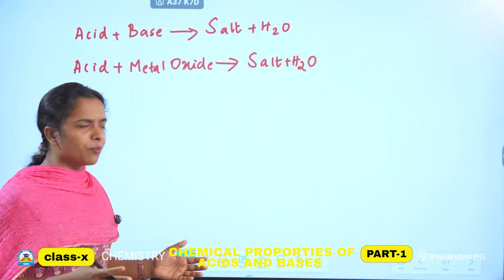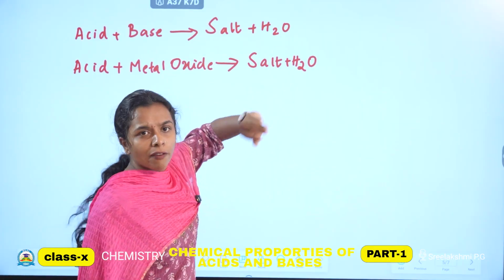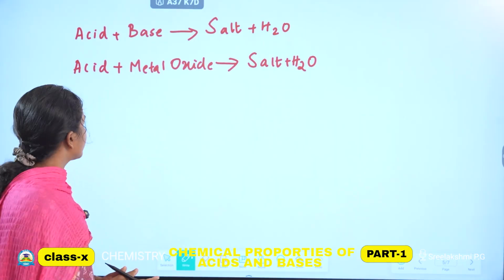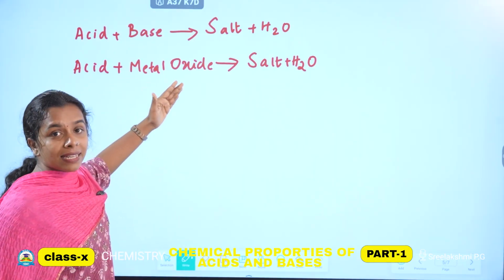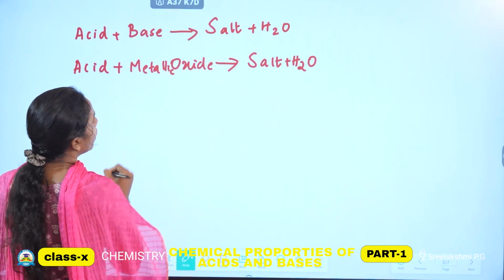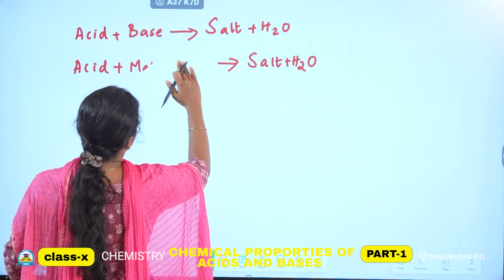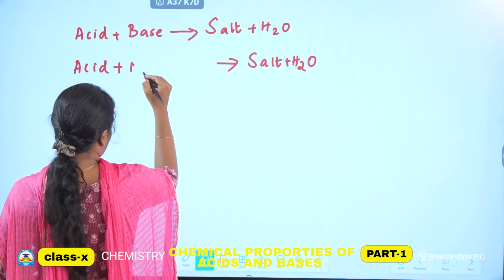Almost everything is the same, right? Both have acids, both have salt, and both have water. Then what is different here? Base and metallic oxide. Okay, metallic oxide. One minute, I'll erase that once. Metallic oxide.